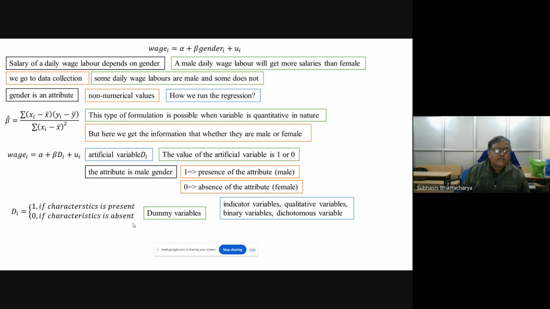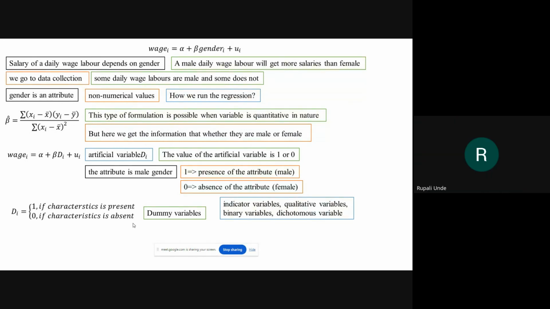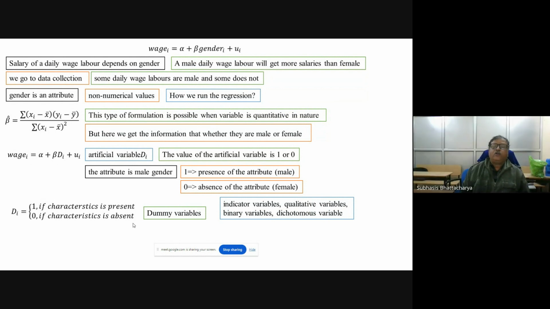These all come under dummy variables. So Di is identified as 1 or 0 depending on whether the characteristic is present or not.